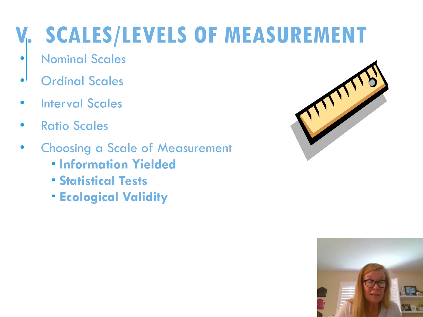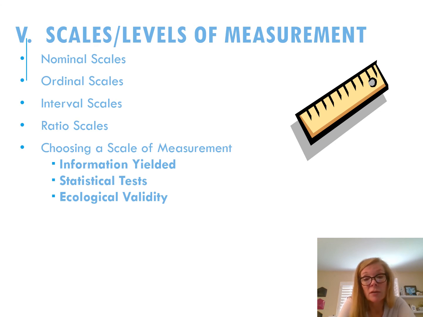Ecological validity is another consideration, and that just has to do with measuring your variable in a way that it appears in the real world. An example of this is if one of your outcome variables was jury verdict. You're going to want to measure that on a nominal scale, because the outcomes of trials in the real world are either guilty or not guilty.